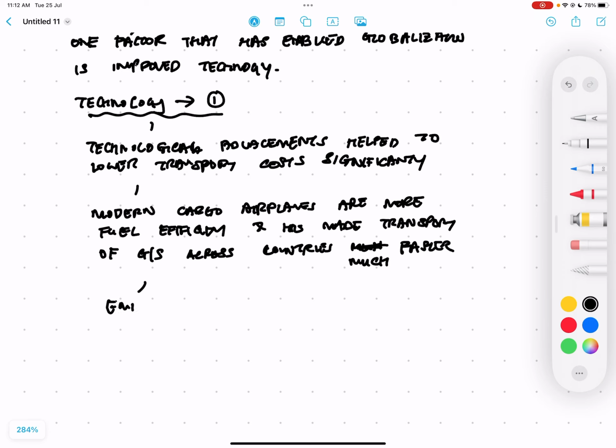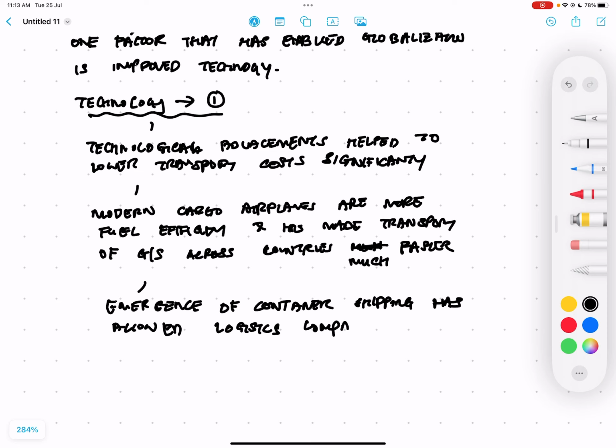The emergence of container shipping has allowed logistics companies to reap IEOS, internal economies of scale, that lower the average cost of transportation.